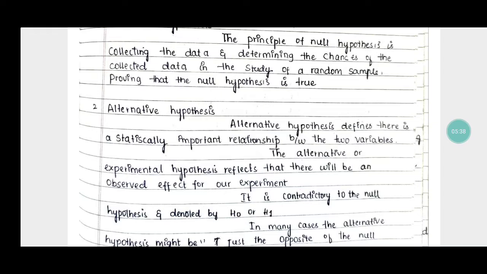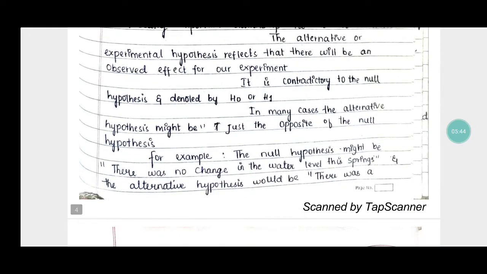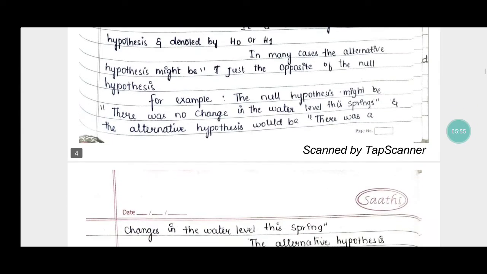So it is contradictory to the null hypothesis and denoted by H1, where in many cases the alternative hypothesis might be just the opposite of the null hypothesis. So for example, the hypothesis may be that changes the water level in the spring.